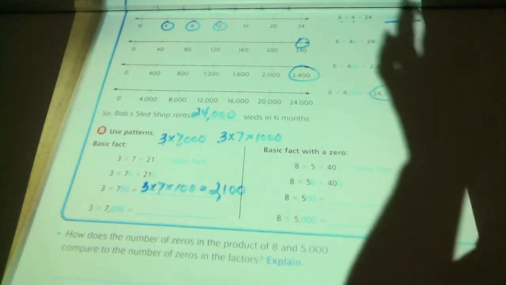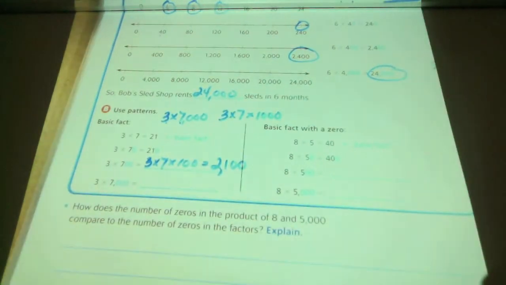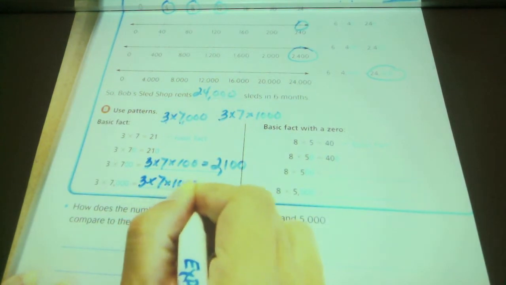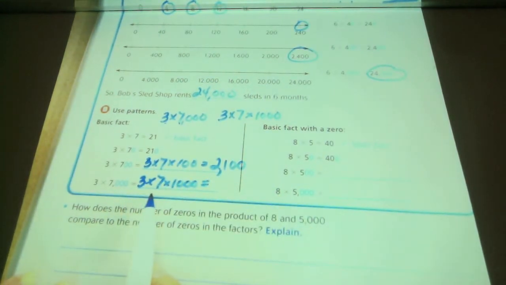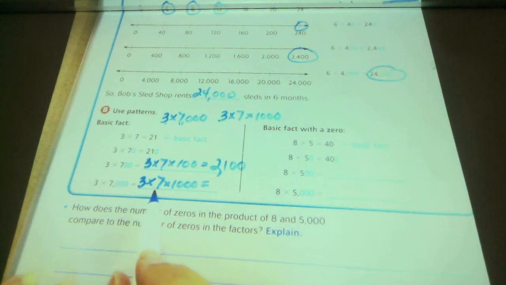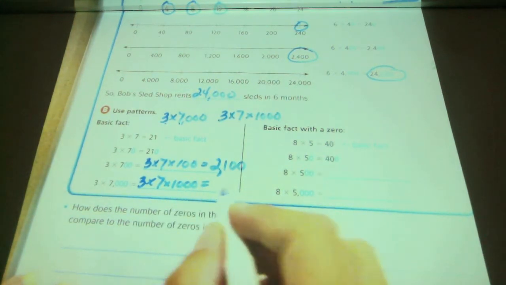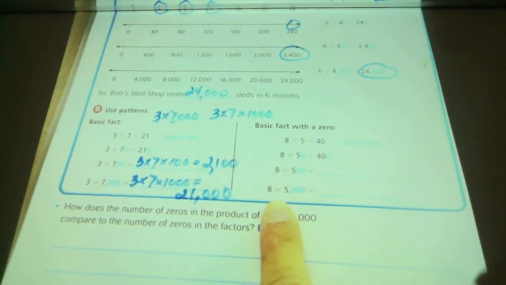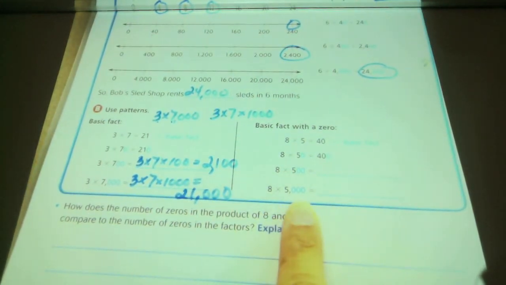We can call that 21 hundreds. And the last one, 3 times 7 times 1,000 equals, 3 times 7 is 21, times 1,000 is 21,000.